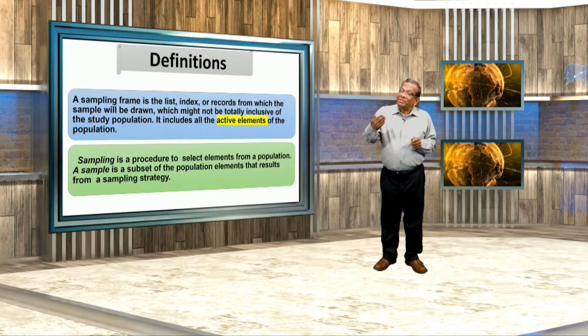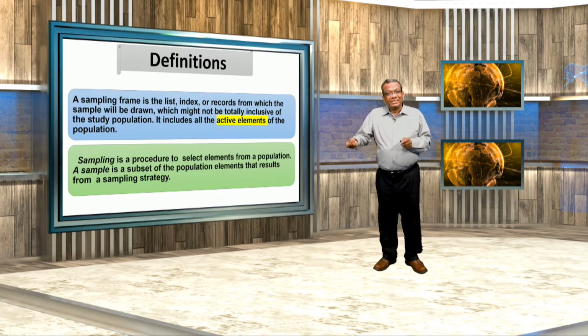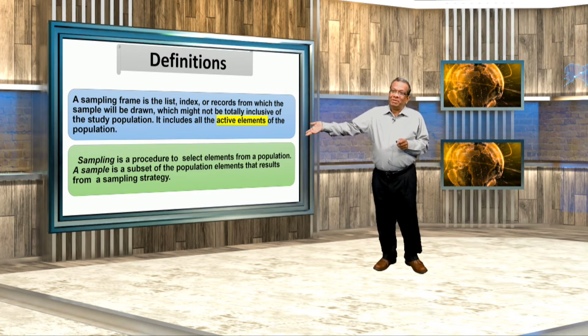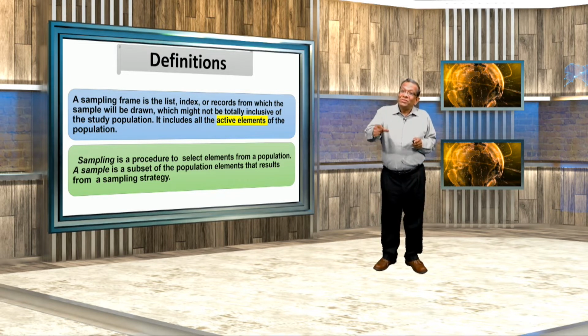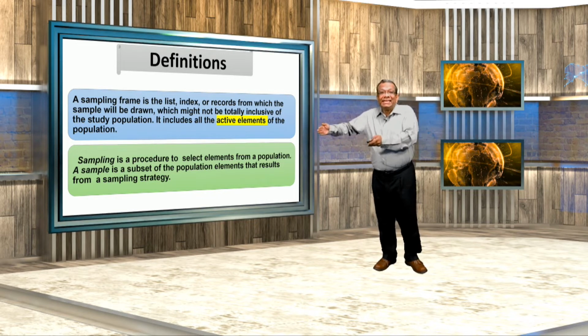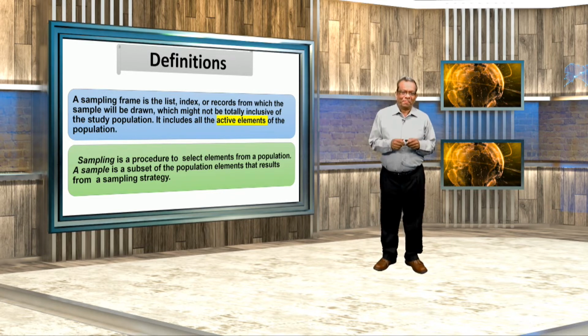There may be a large number of people who have enrolled, but a small percentage of them would have left the course in between. Therefore, you have to take only those people who are actively involved in the process of getting education of MBA. Therefore, the sampling frame contains active elements of the population.